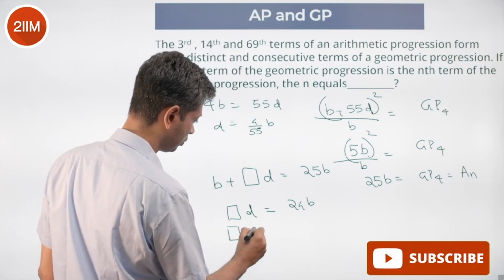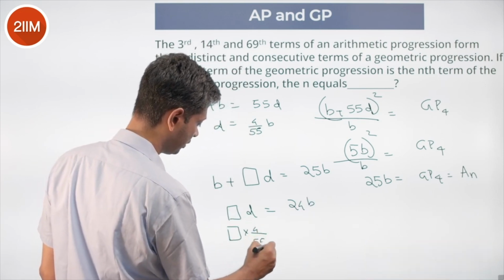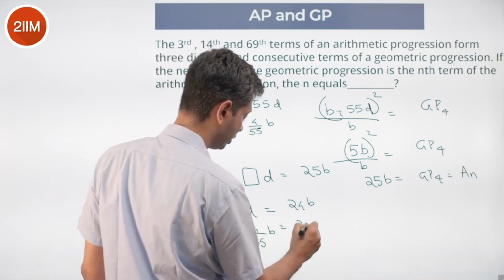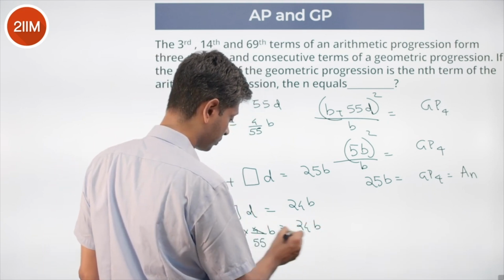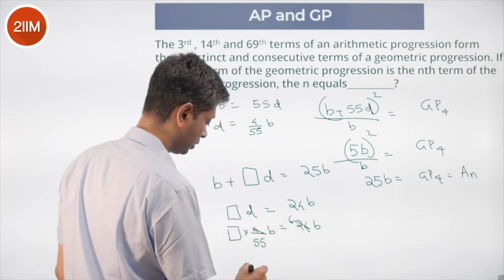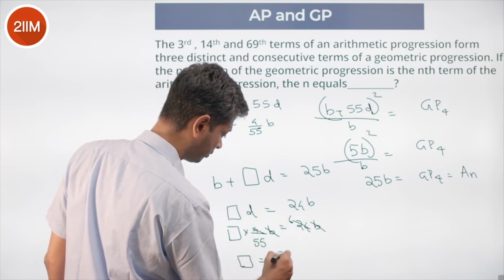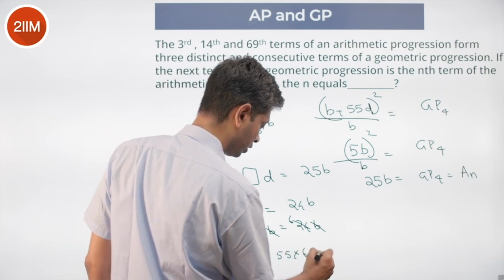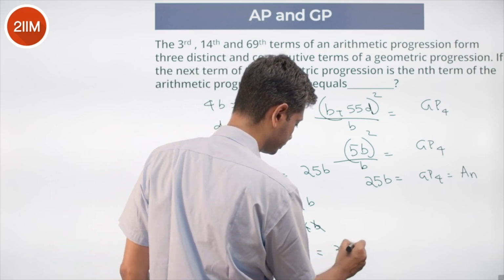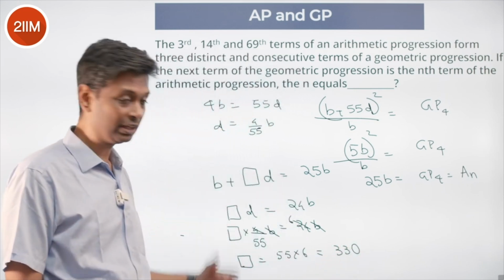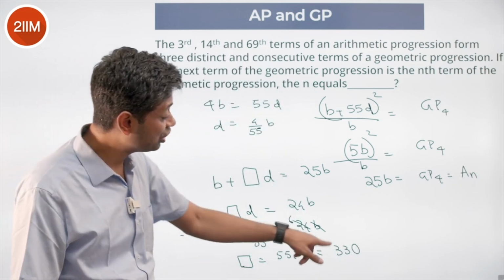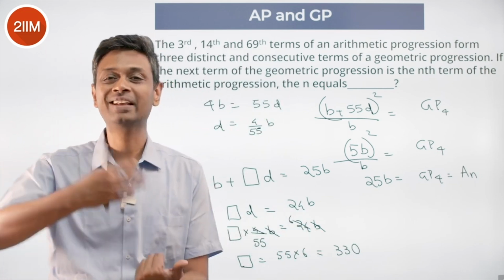This number into 4 by 55b is 24b. So 6. B gets cancelled. This number is 55 into 6, which is 330. So from b, we add common difference 330 times to get the next term.